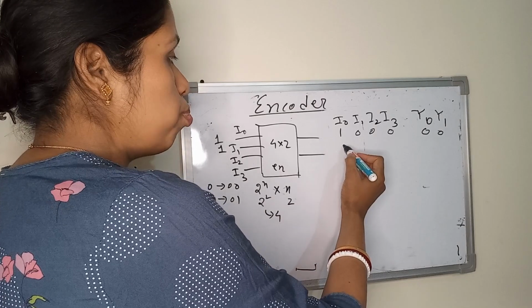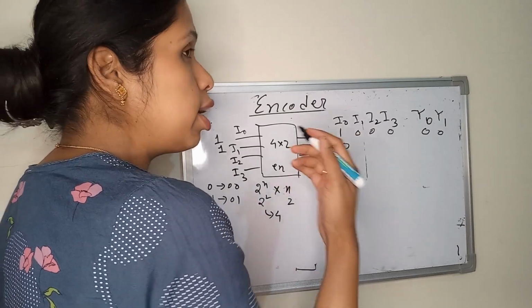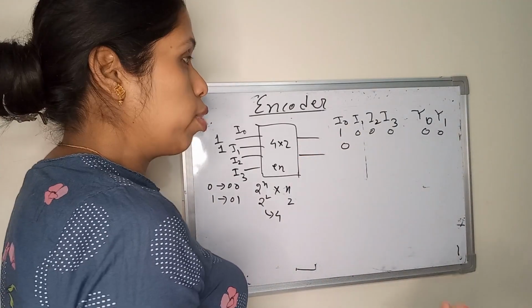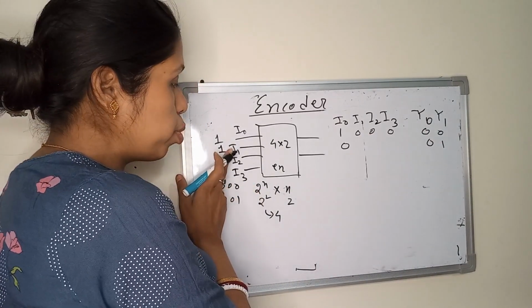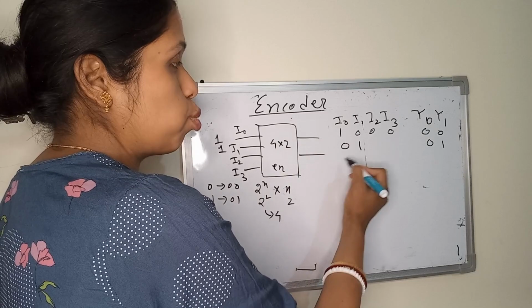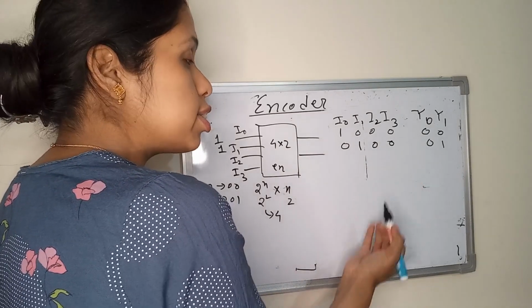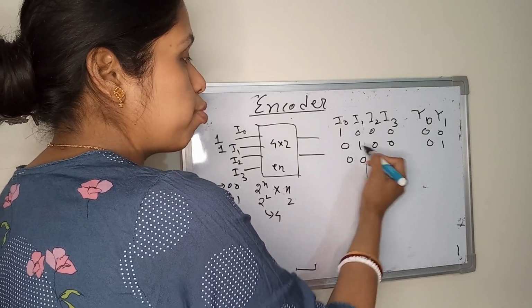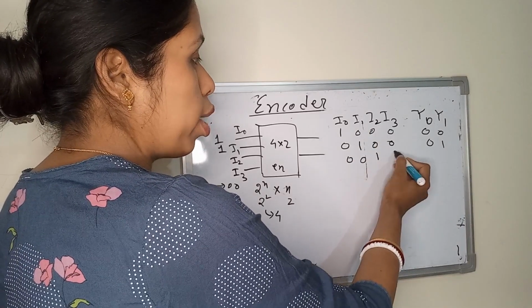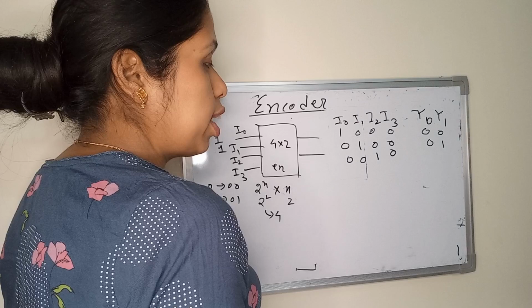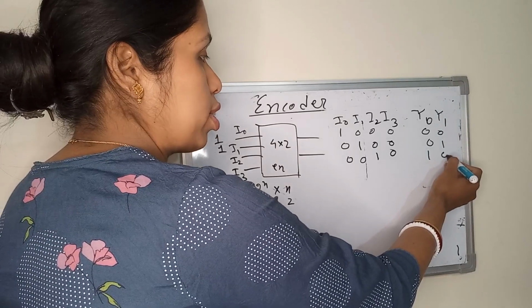If I send decimal number 1, I will get 01, so the I1 channel should be 1 and the other channels should be 0. In this way, for 2, I2 should be 1 and the other channels 0, that is 10.